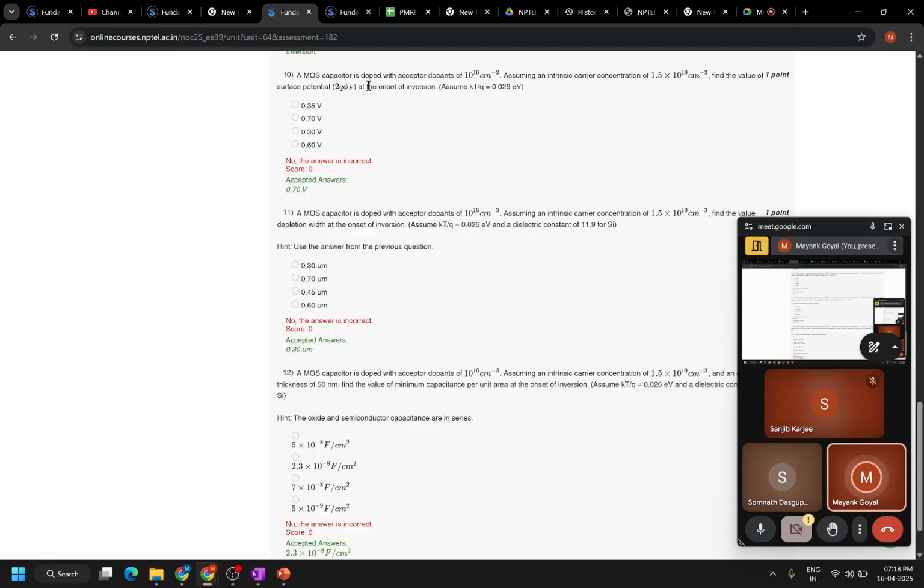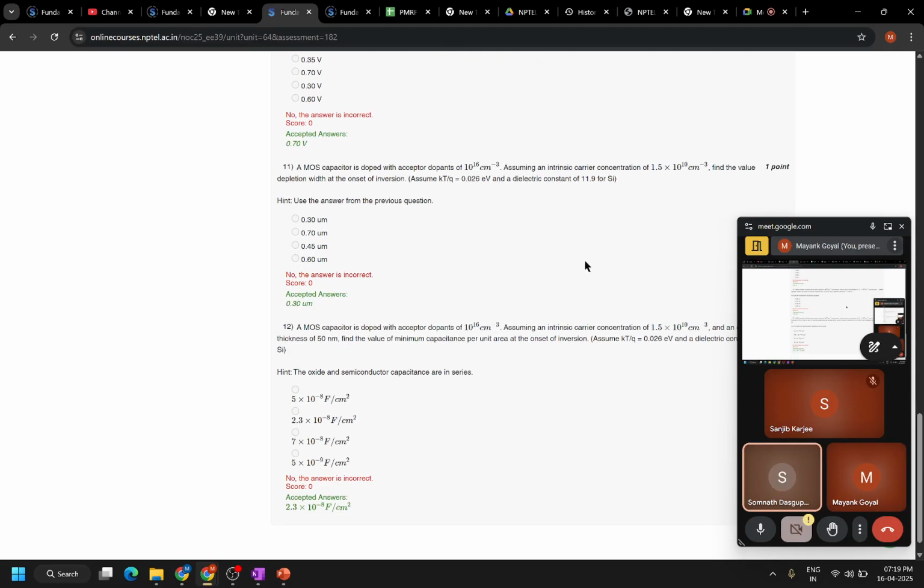So at the onset of inversion means your threshold. At threshold voltage, your band bending is 2 phi F. That is called onset of inversion. Just before threshold is your weak inversion.